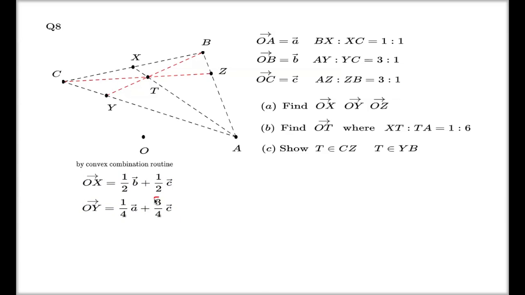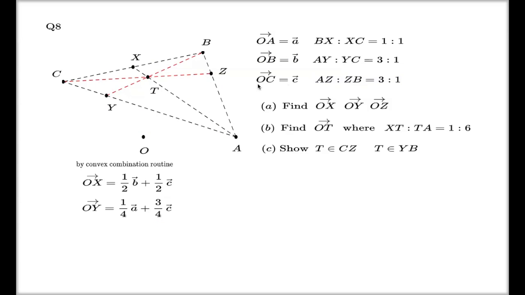Look at this 3 sitting next to the vector C, because that's how many parts you have in the AY vector. The more parts you have here, the more contribution of this vector will be in your convex combination. More contribution from this piece, less contribution from this piece. Together, these 2 factors deliver the result. That's why we call it a convex combination.